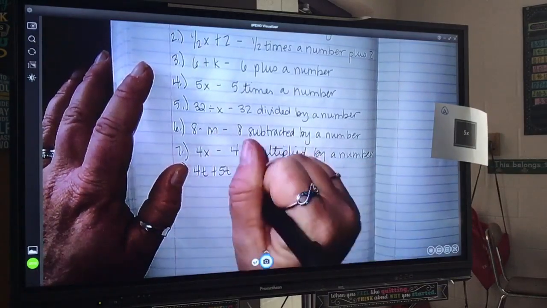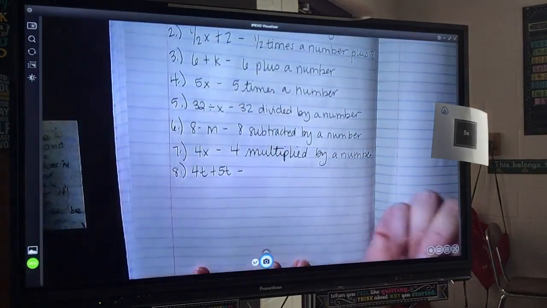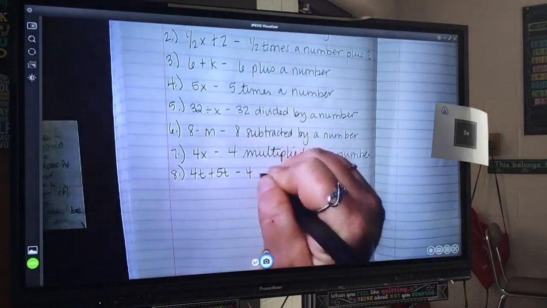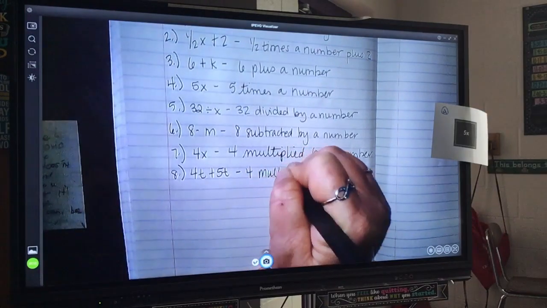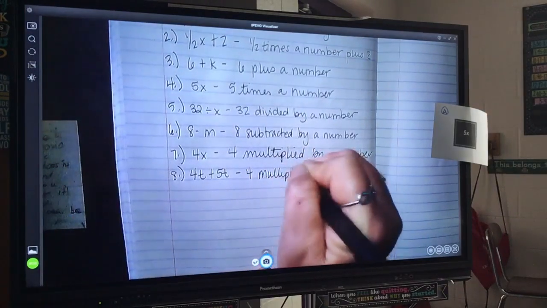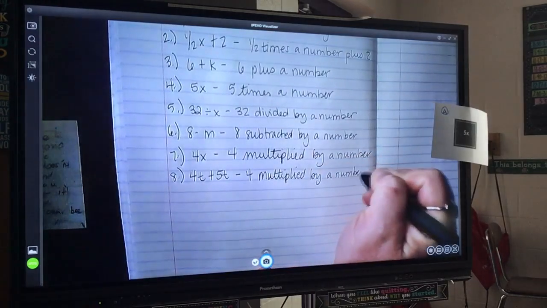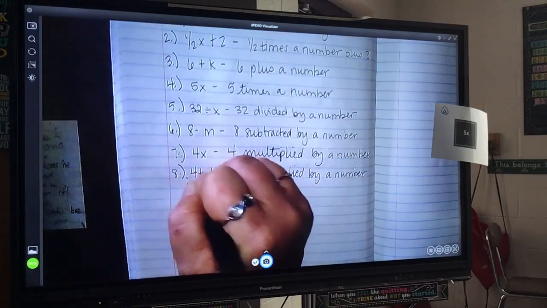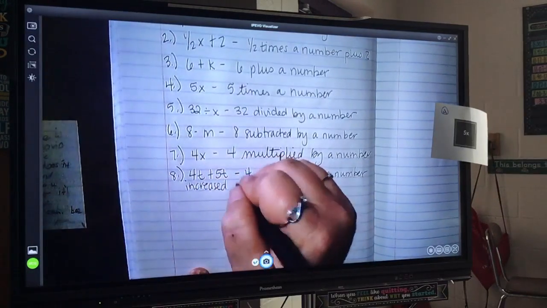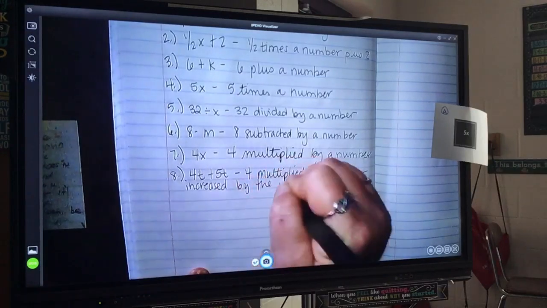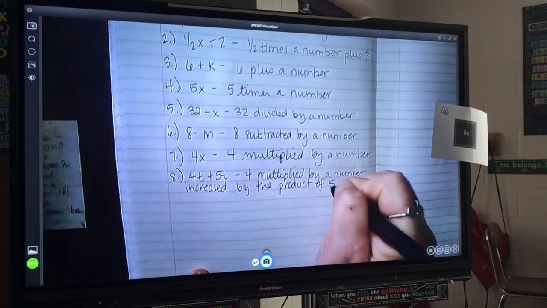Letter T. Yeah. Okay, so say it again, I'm sorry. 4 multiplied by a number increased by a product of 5 multiplied by a number. Okay, so 4 multiplied by a number. You said increased by the product. Nice. 5 and a number.